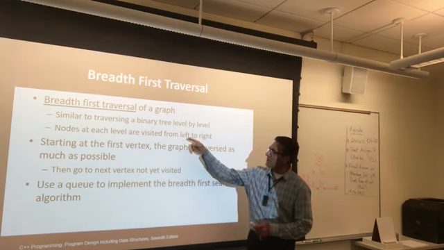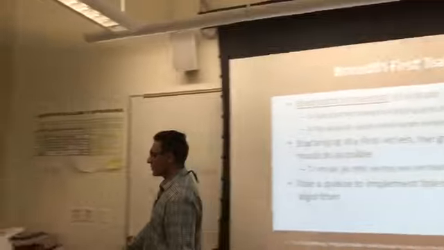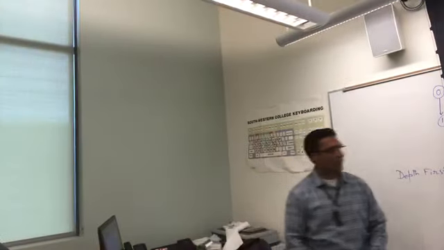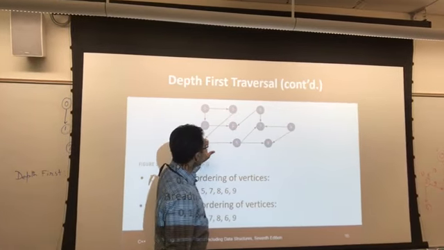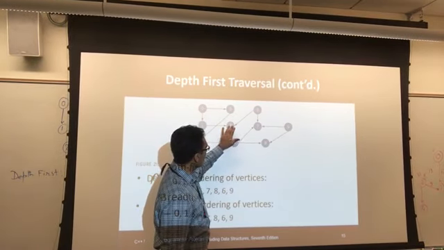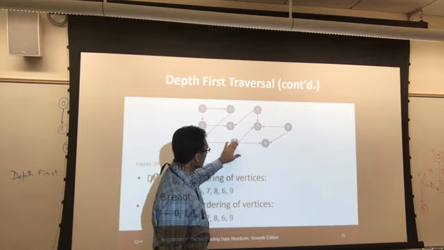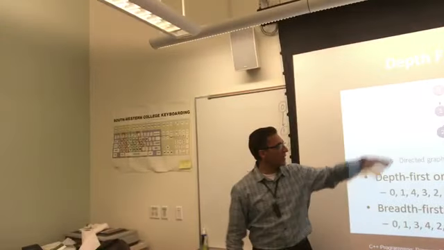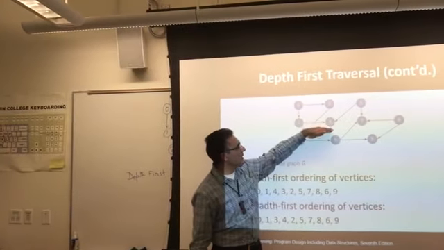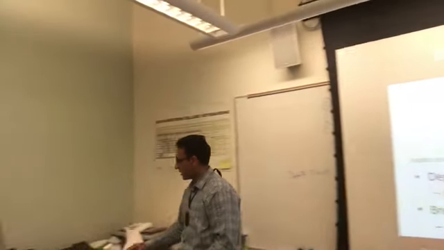Nodes at each level are visited from left to right. So after this was visited, then left, then right, then it went back here to 3, 4, then 2, 5. So left to right, level by level. It seems this has a higher level, then this level, then this level. So that's your breadth first traversal.